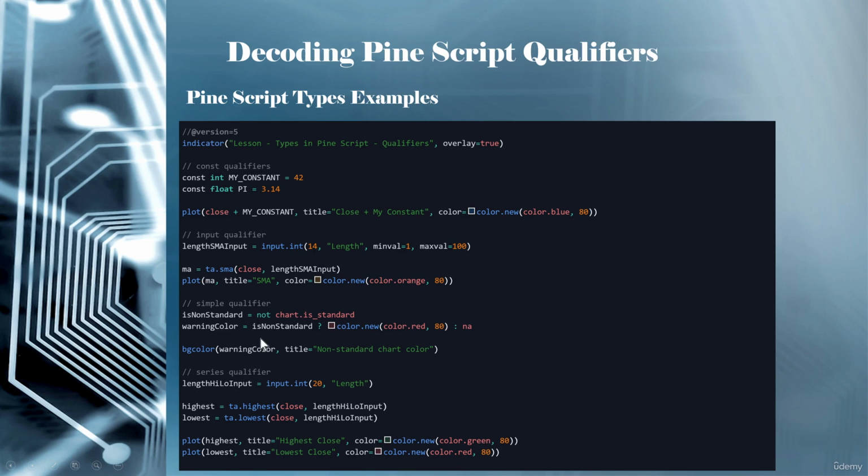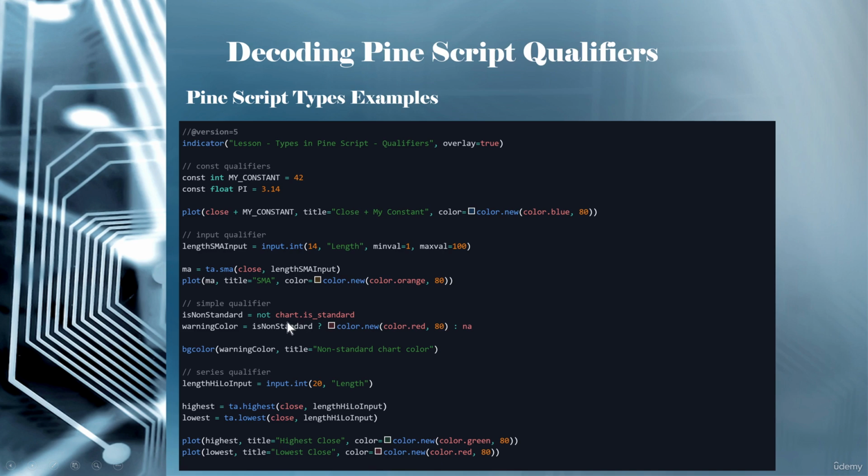Next is the simple qualifier. In this case, we assign to the variable a value that is detected and set right at the first bar of the chart.